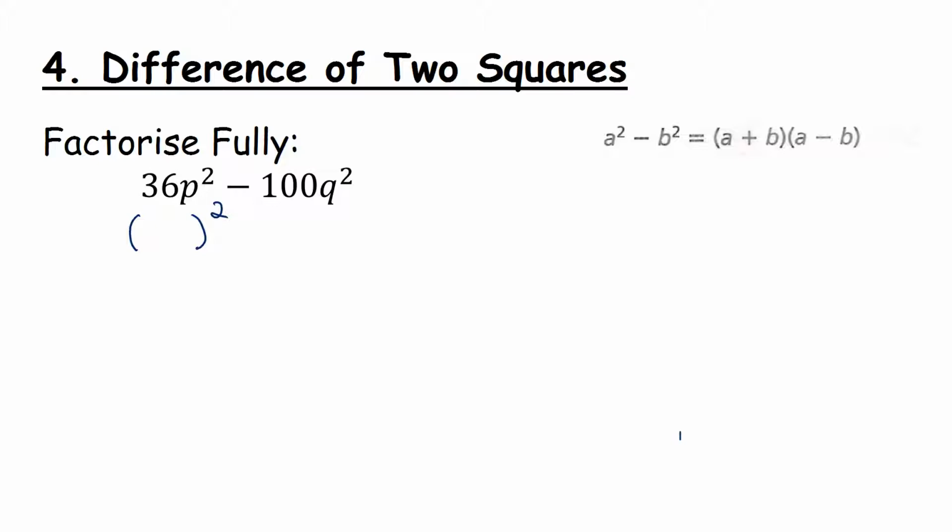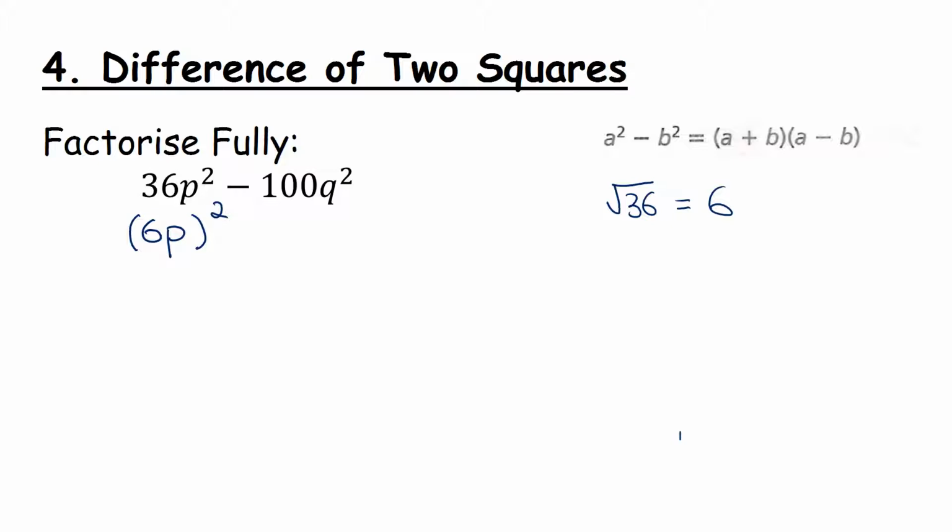So 36 is a square number, and if you're not sure where it comes from, you can use the square root button. So that's the square root of 36. You can use that in your calculator, and you do get 6. So we know that this is 6p, all to be squared.